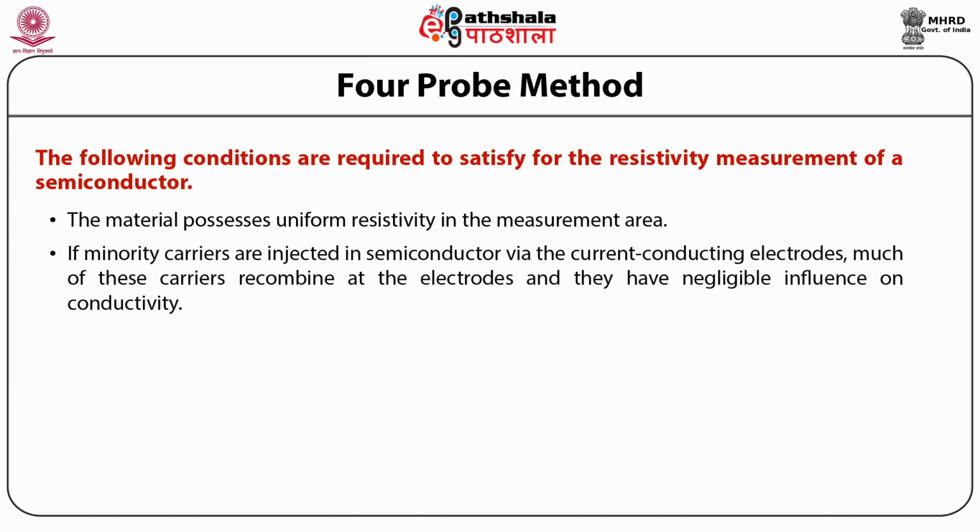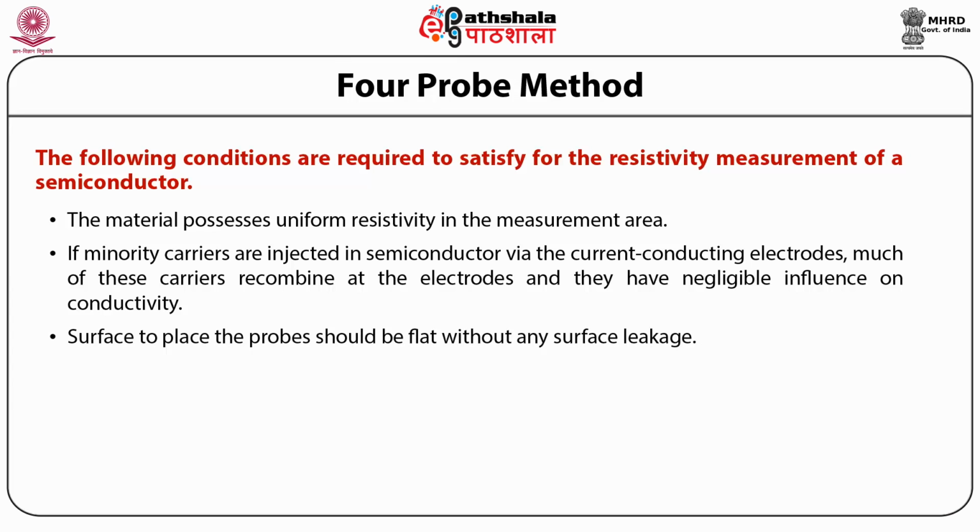Second, if minority carriers are injected in the semiconductor via the current conducting electrodes, much of these carriers recombine at the electrode and they have negligible influence on conductivity. Third, the surface on which to place the probe should be flat without any surface leakage.